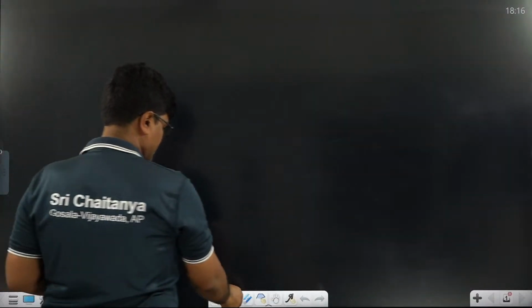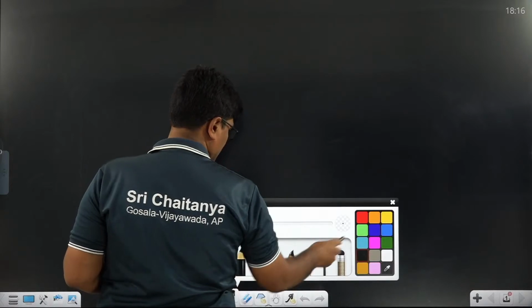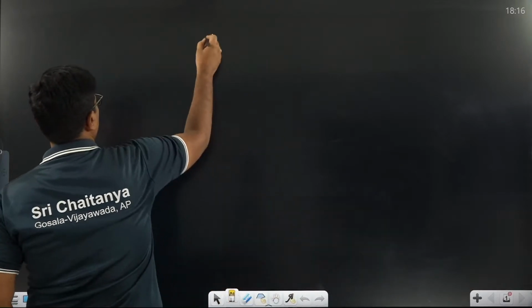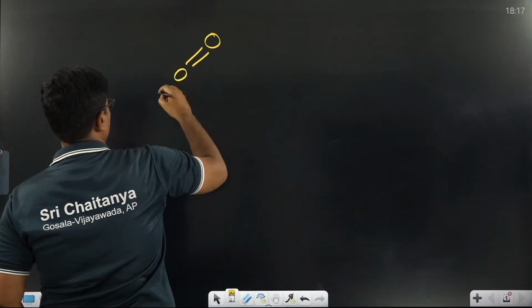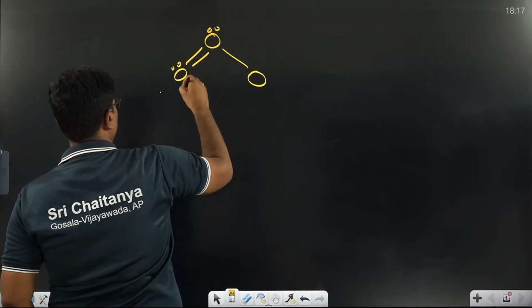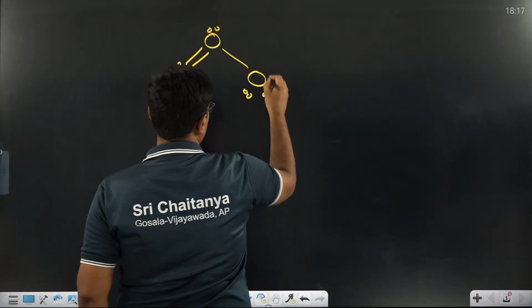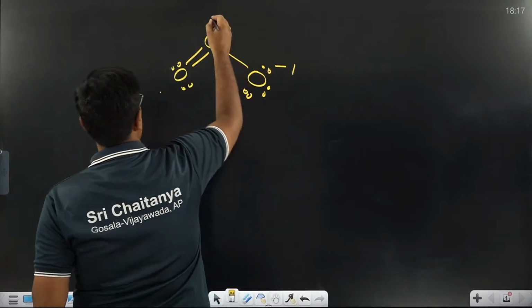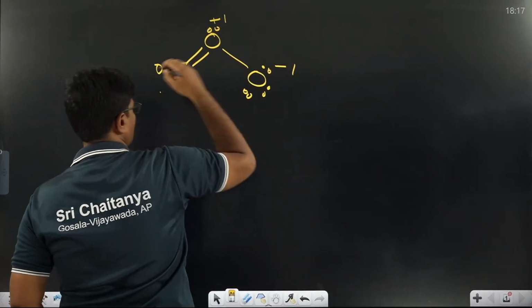Yeah, so let's see the formal charge of ozone, O3. O3 has resonance. So the O3 molecule can be written like this. There is formal charge -1 and there is formal charge +1 and 0.